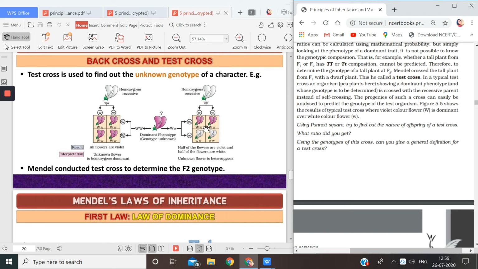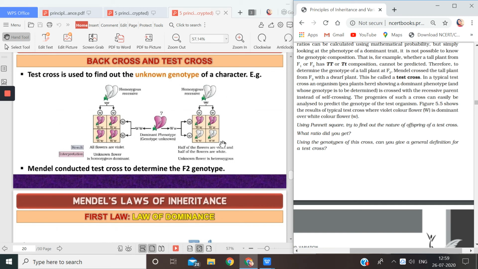If I do these calculations, what is the result I am getting? If the plant is homozygous dominant, all my flowers are dominant. So if all the dominant characters are coming, my answer will be that the dominant parent is homozygous.